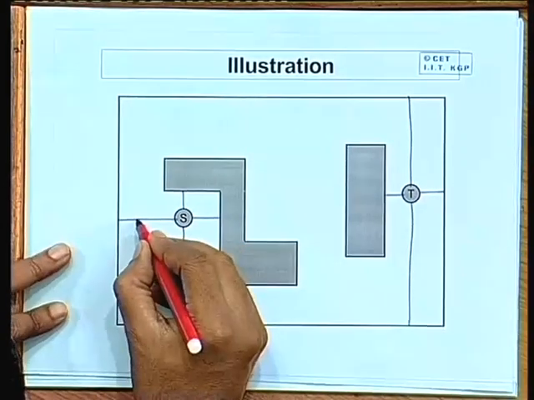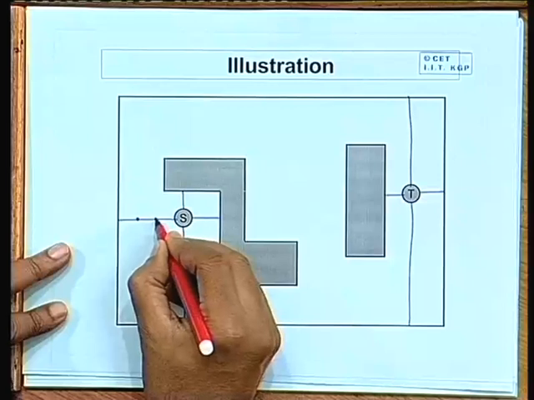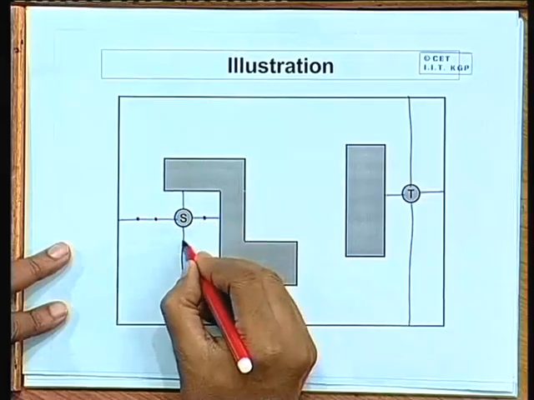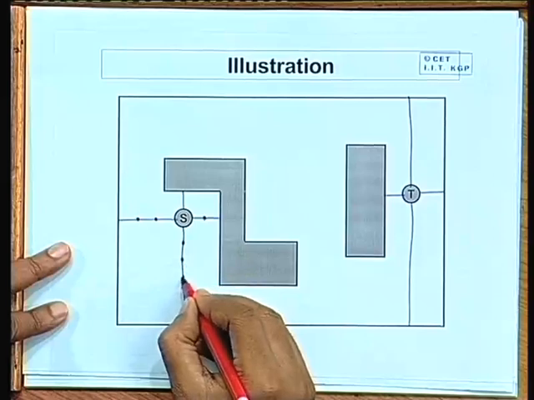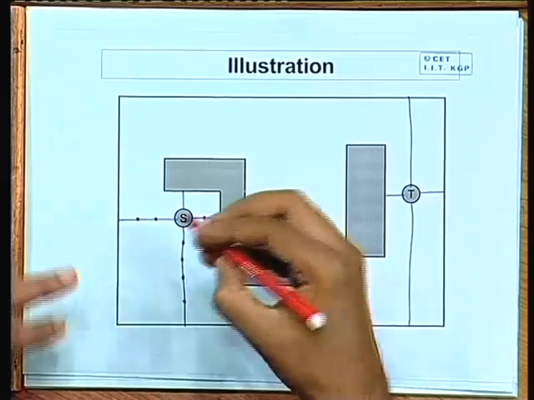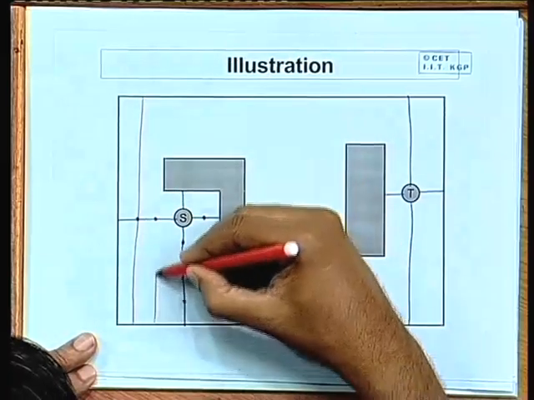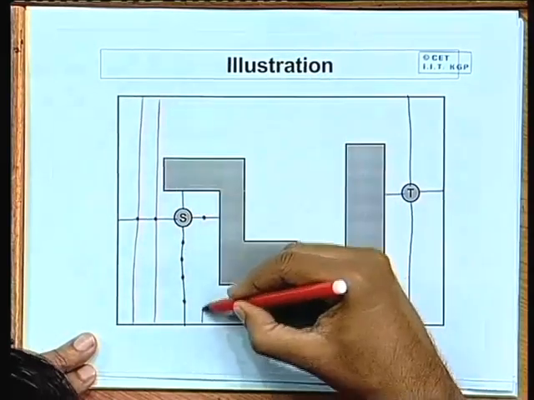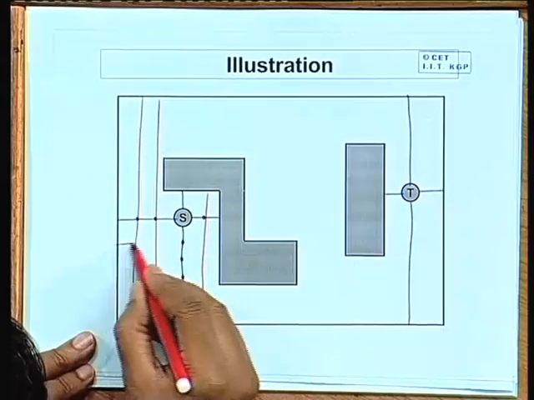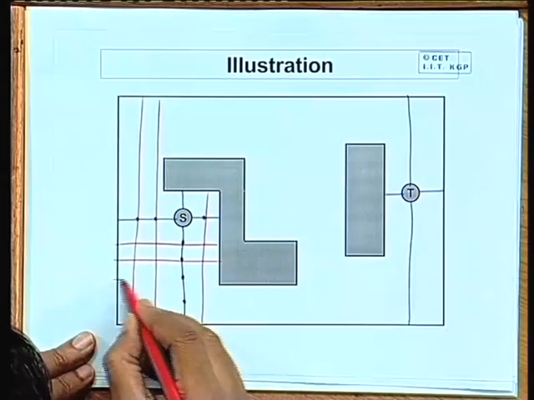So, we will have to identify the grid points. Suppose this is a grid point, this is a grid point, this is a grid point, and these are all grid points. So, we will have to trace trial lines along all these grid points in the next iteration.